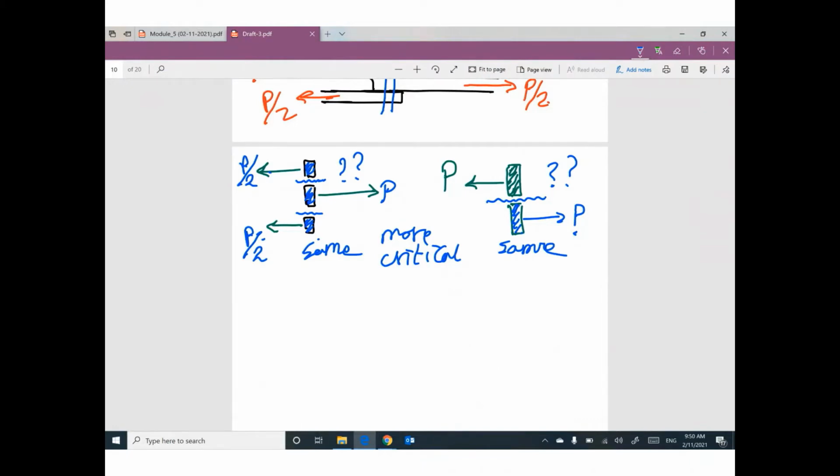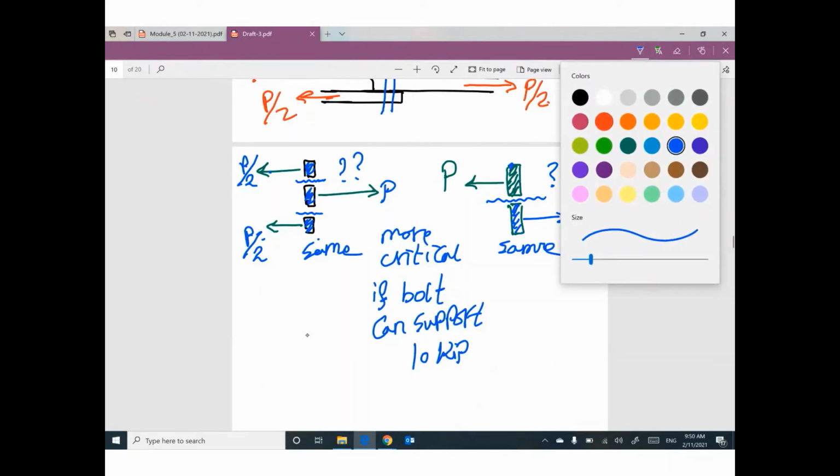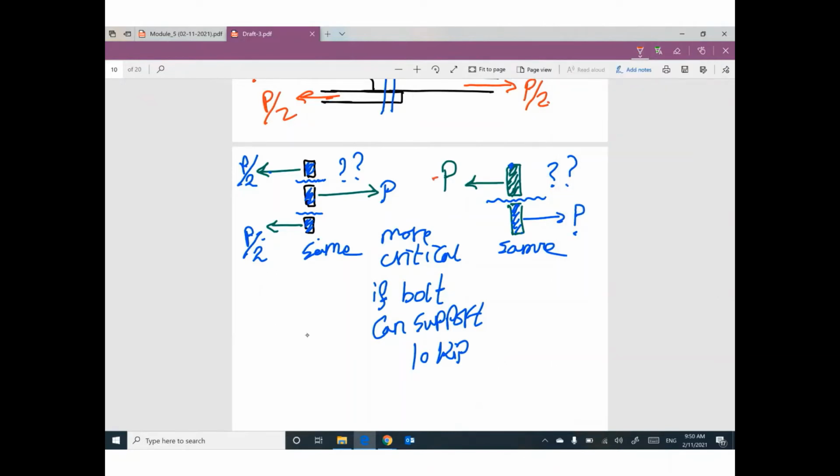Okay, I have a question. If the bolt can support 10 kip, this bolt can support 10 kip, and this value of P equals 12.